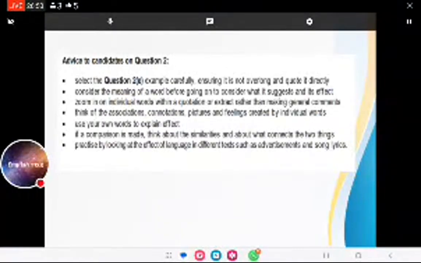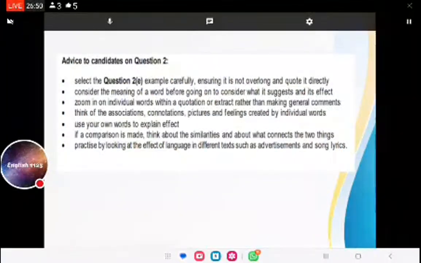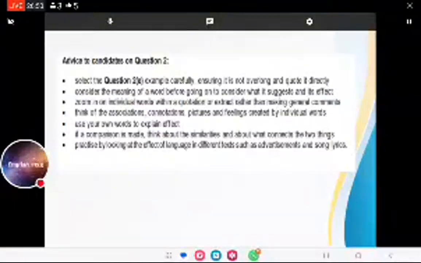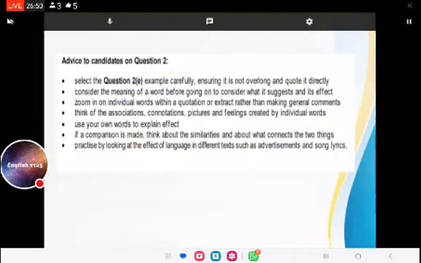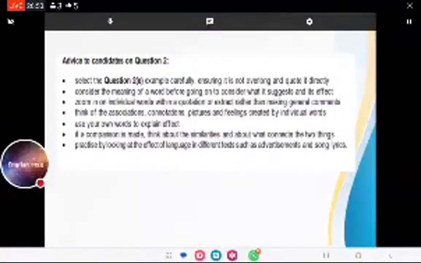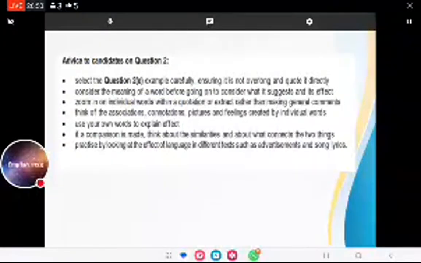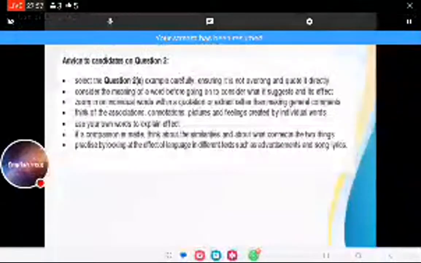Going on to consider what it suggests and its effect. First, spot the word in the example.